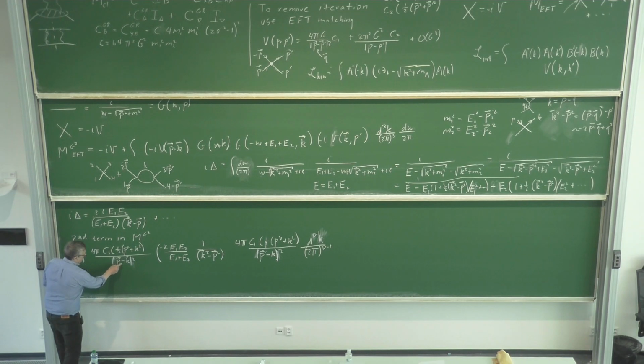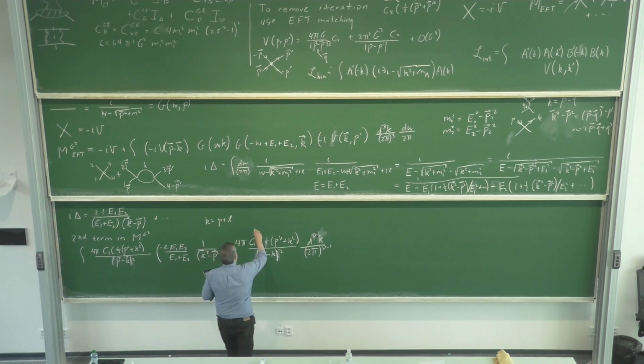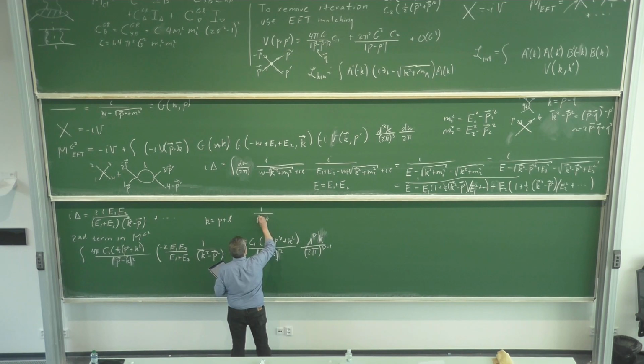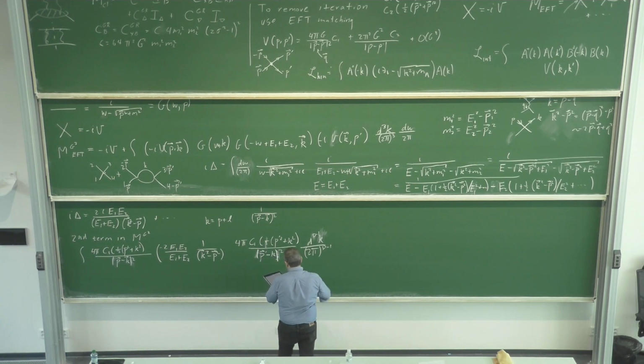This over here is a graviton. This is graviton momentum, so we should write it in terms of the graviton momentum. So let's make a little change of variables. We're going to take k equal to p plus l. Okay, and that means that this 1 over p minus k squared goes to 1 over L squared.